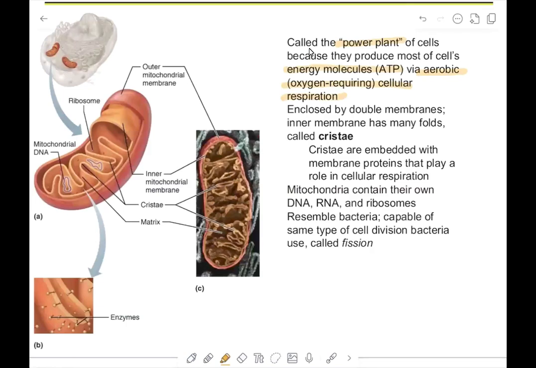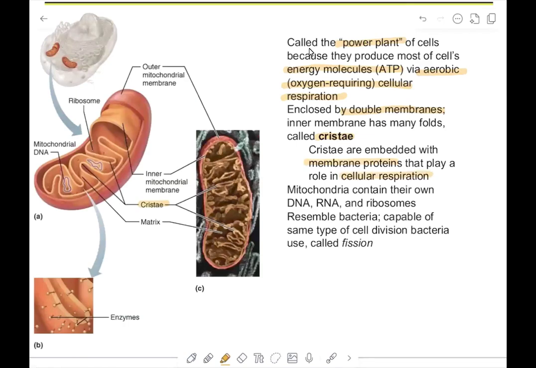Interestingly, the mitochondria are enclosed by a double membrane, and the inner membrane has many folds called cristae. The cristae are embedded with membrane proteins that play a role in cellular respiration.